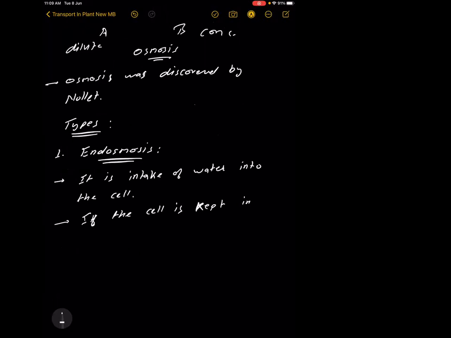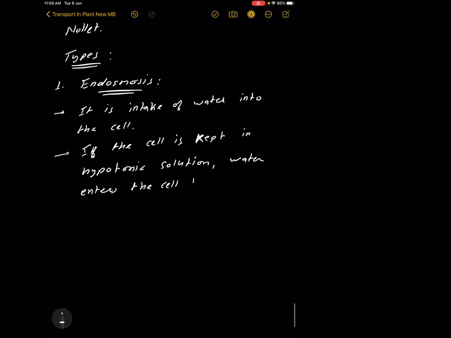If the cell is kept in a hypotonic solution, its outer solution should be diluted. Water enters the cell by endosmosis.